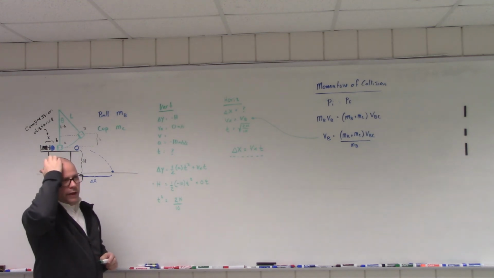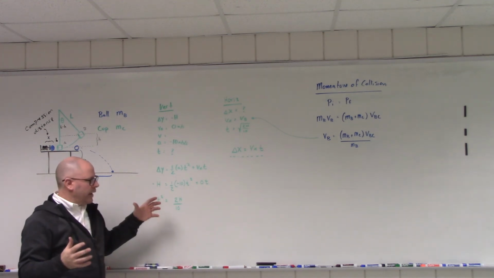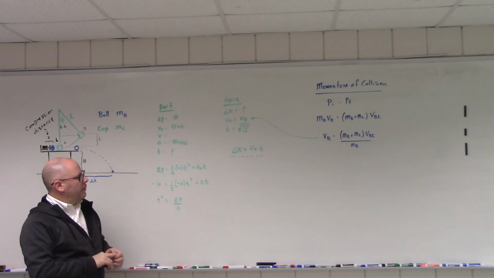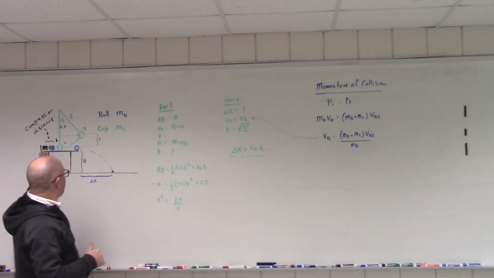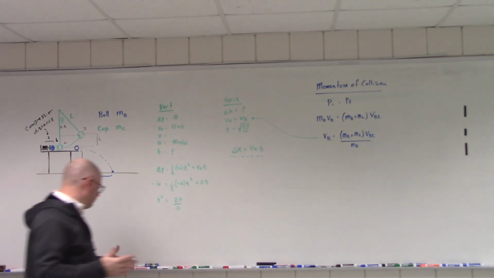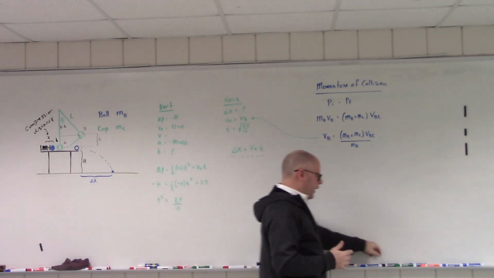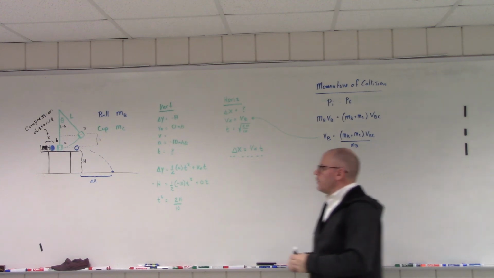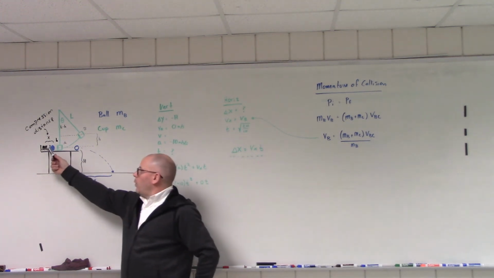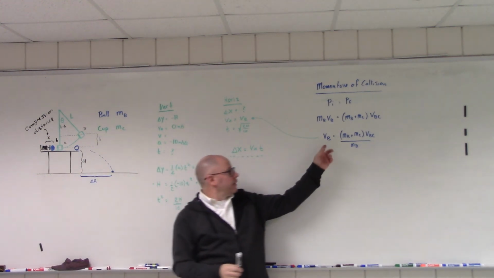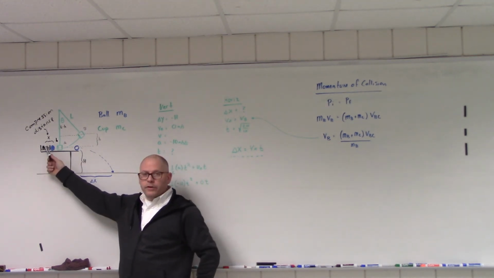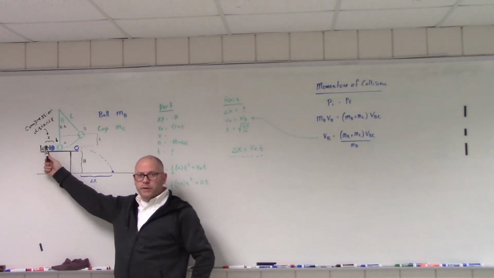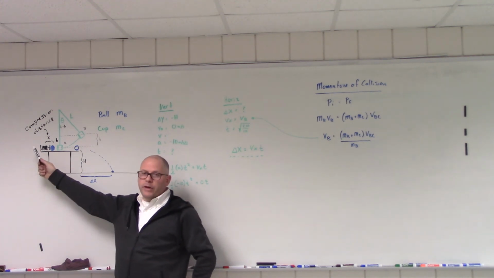One other interesting thing that we can pull out from this is, I wonder if we could find the spring constant of the spring. We'll have to consider another part of this. We know the ball gets shot off with a speed equal to this VB here. And if we consider where the energy was before the ball was shot, it was all in the spring here. So let's consider the energy construct here.